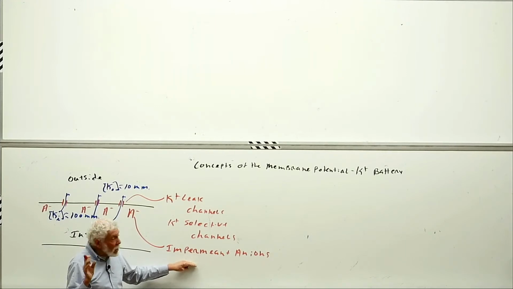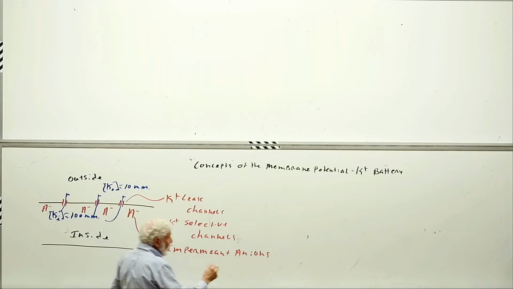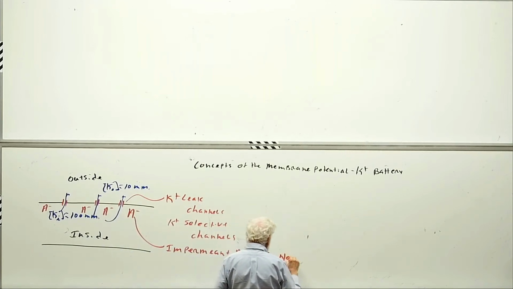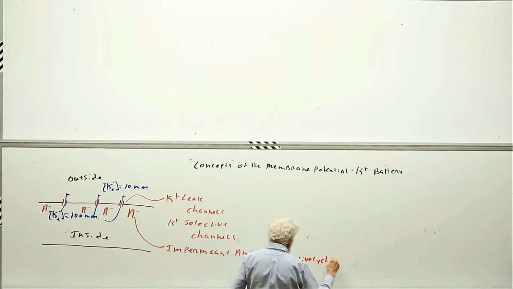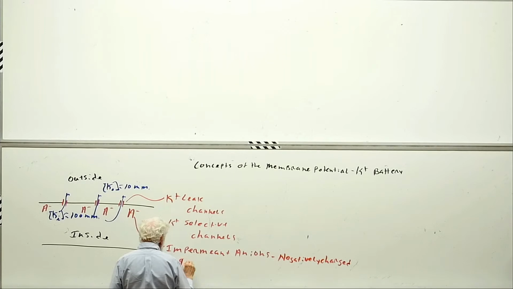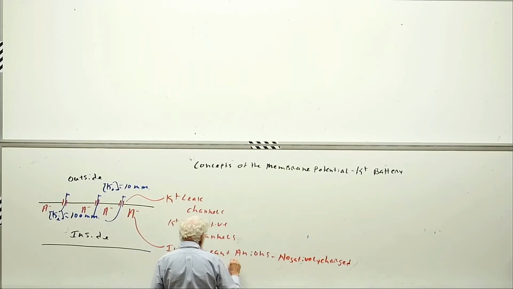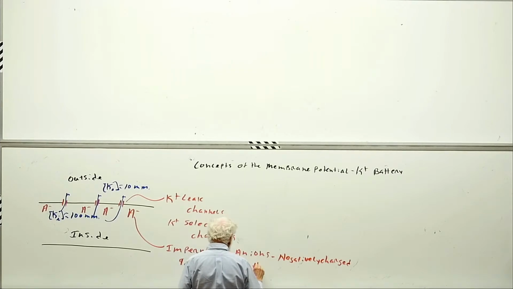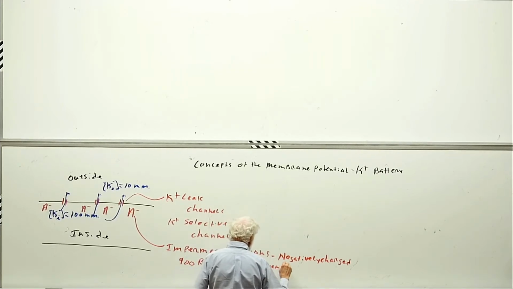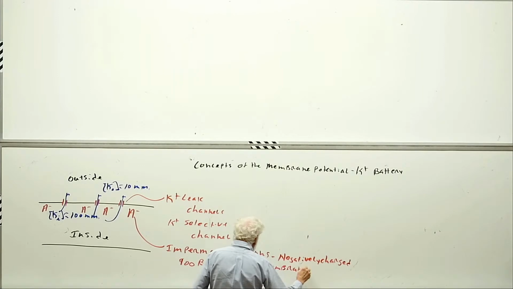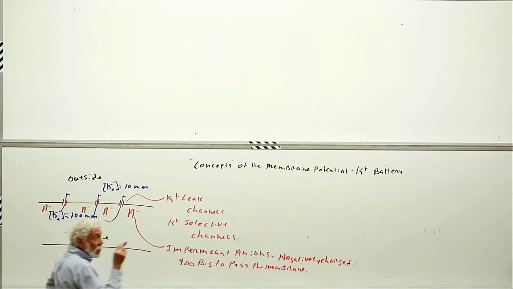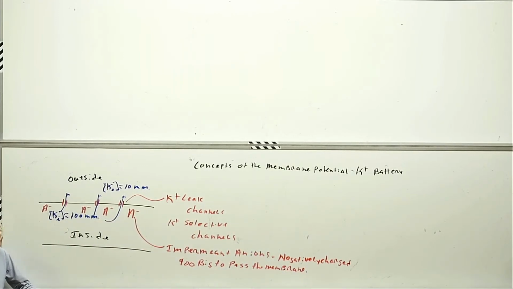But the important idea is that they're negatively charged, and they're too big to pass the membrane. Because they're too big to pass the membrane, they're stuck. They're on the inside. So now we start the process again.